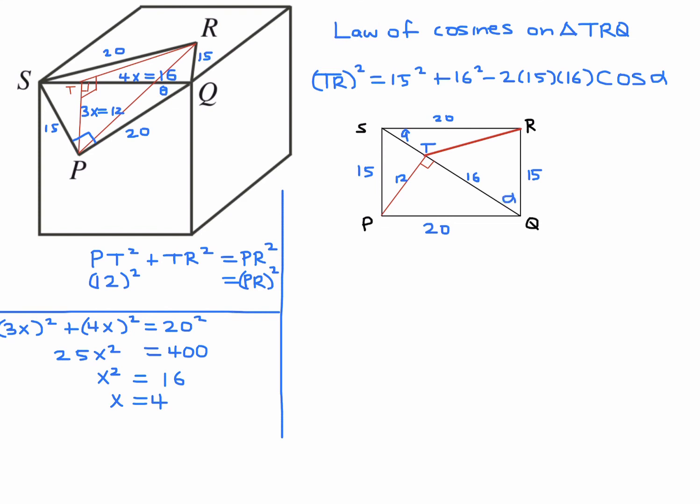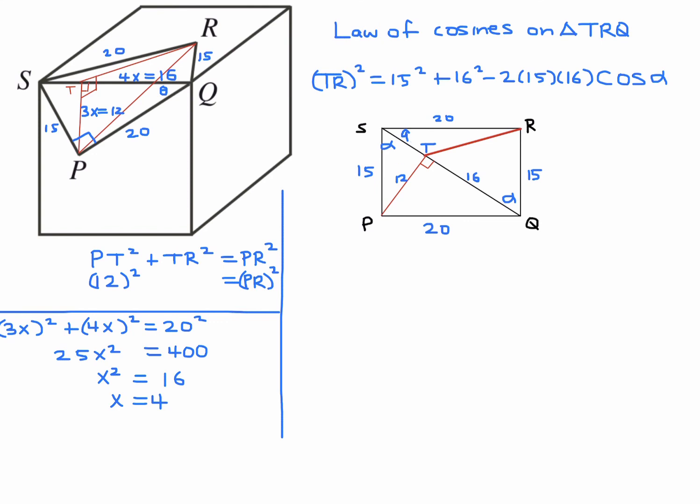This will be your alpha, this angle right here. And that angle is the same as this angle right here. Alpha right there. Okay? And that's just because these are parallel lines. And if you draw that, you'll see that those two angles must be the same.